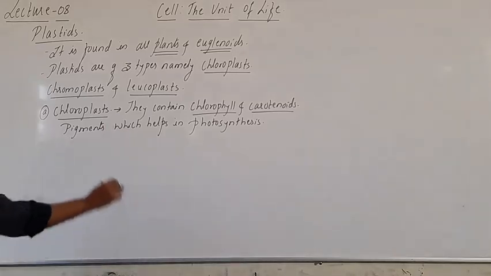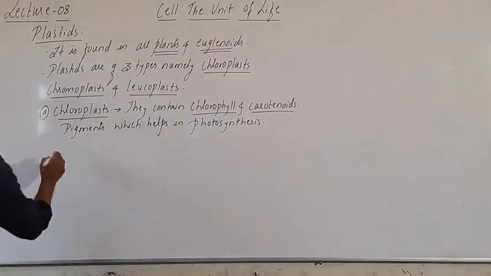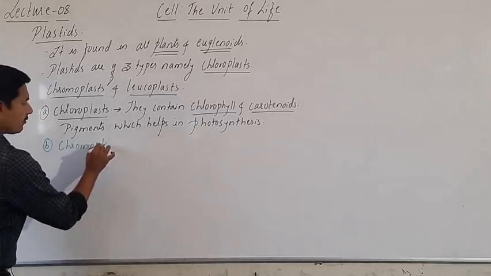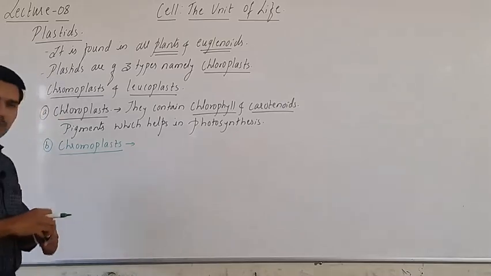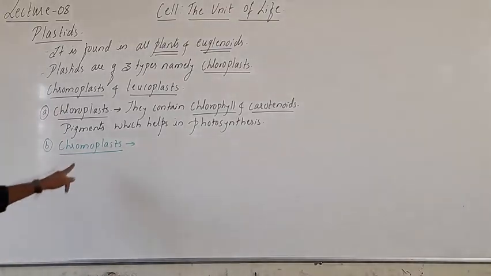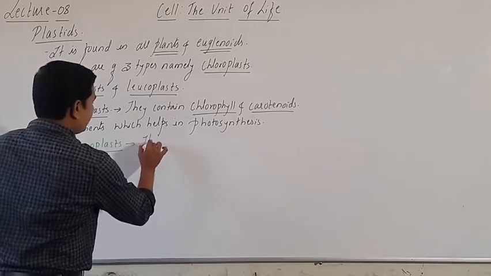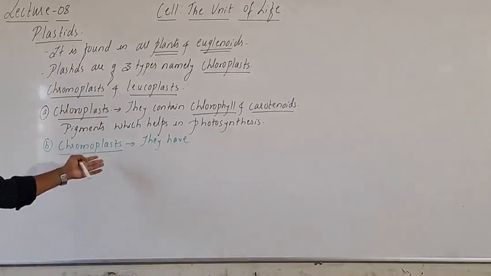Then second is the chromoplast. As the name says, chromo means colored, they have color. So chromoplasts are the colored plastids.